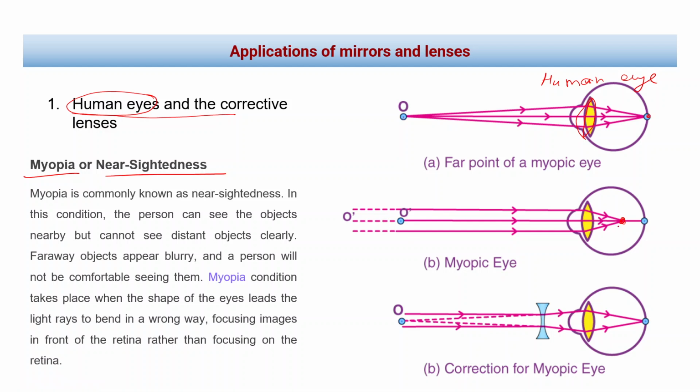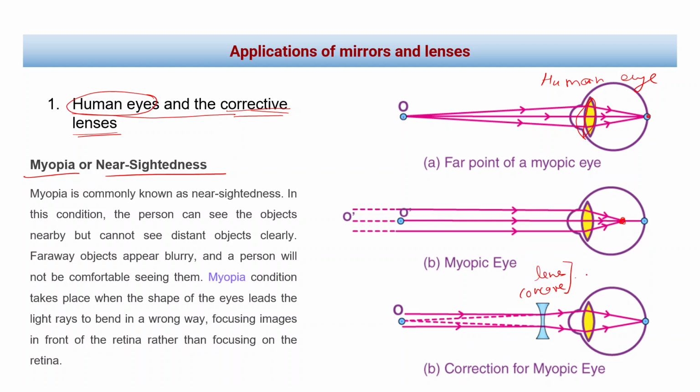So when this kind of situation happens, the person is not able to see properly, we use some corrective lenses. For this particular situation, we use concave lens.